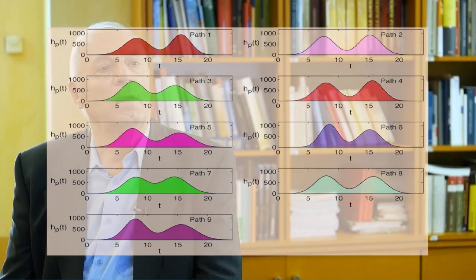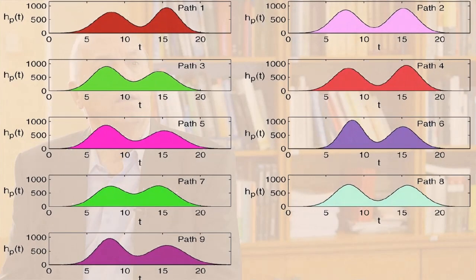The corresponding functions are shown in the figure. As you can see, they show a peak in the morning and another one in the afternoon, that reproduce the real behavior of the daily traffic.